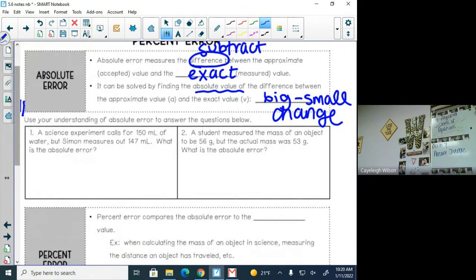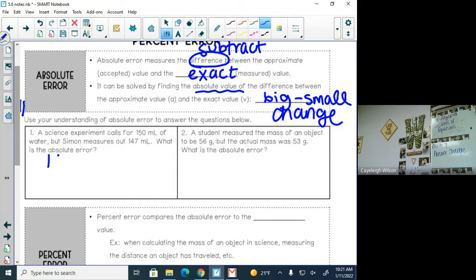So on number 1, it says a science experiment calls for 150 milliliters of water, but Simon measures out 147 milliliters. What is the absolute error? So what is his error in measuring? And everybody would say 3.